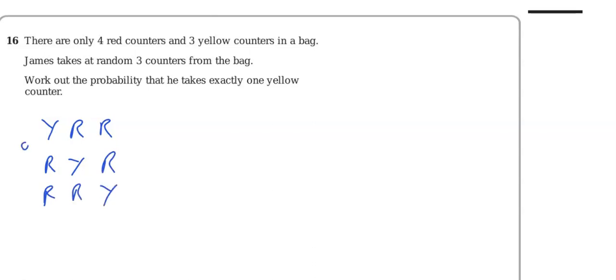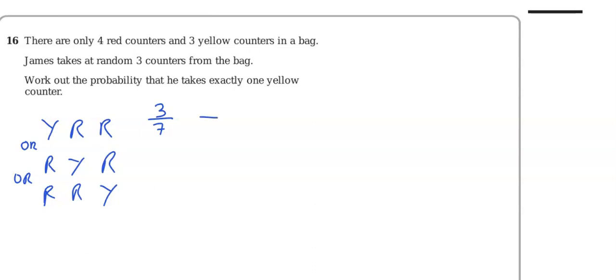And because it's the first one, or the second one, or the last one, we're going to discover each of those probabilities and multiply them together. So the probability that the first one is yellow is going to be 3 out of the total number of counters which there are, which is 7, because there are 3 yellows and 4 reds.